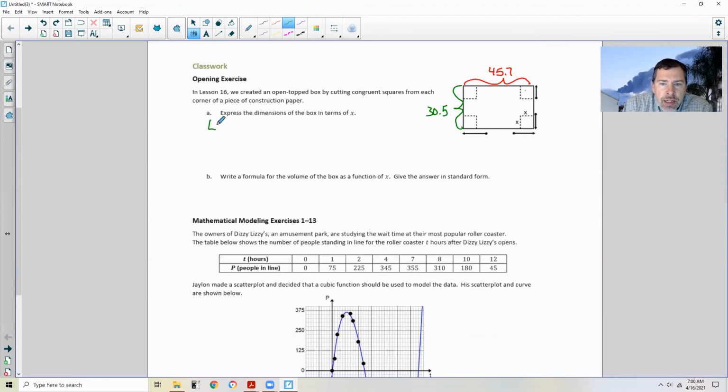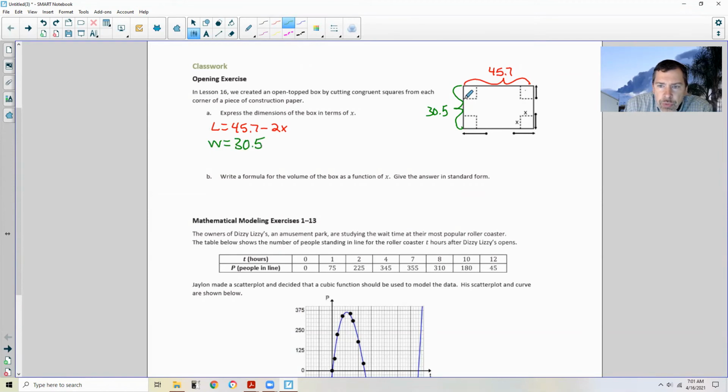So we're going to get a length, which is this distance here. But when we cut the corners out, we're removing an x and an x, which is 2x. So the length is going to be 45.7 minus 2x. The width is 30.5.